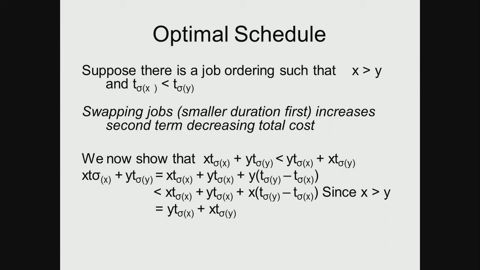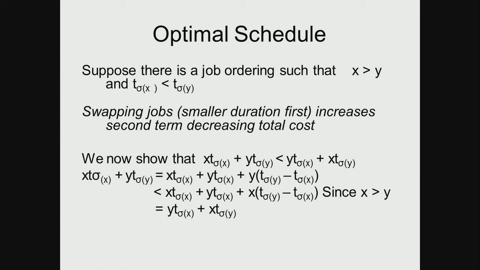So, let us imagine a schedule sigma and let us assume that there is an index x which is more than an index y, but the processing time for the job which is scheduled as sigma of x is smaller than the processing time of the job scheduled as sigma of y.